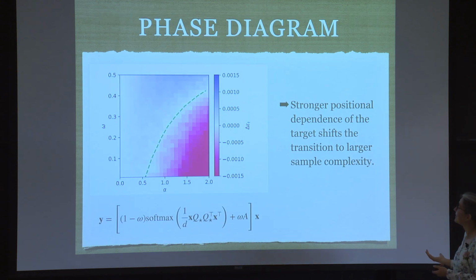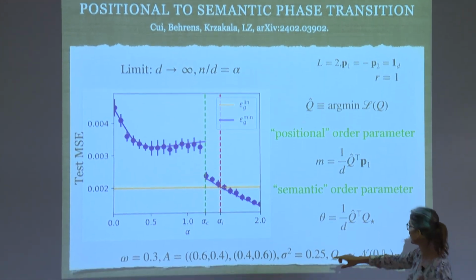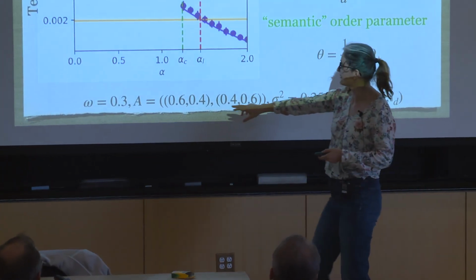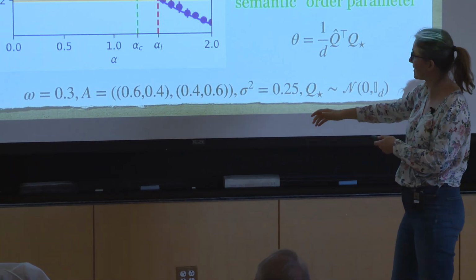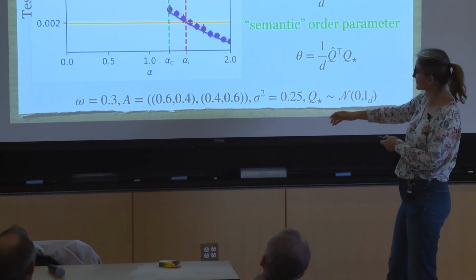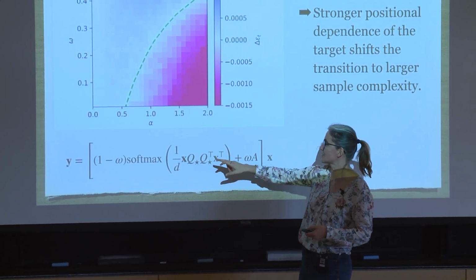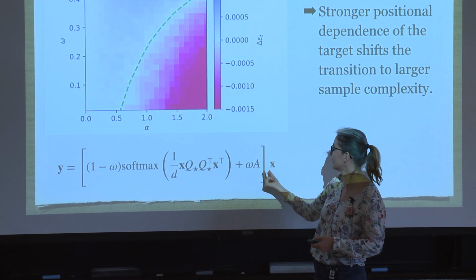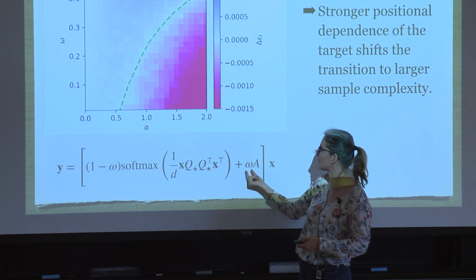So here, this is just a plot for fixed values of this A matrix and omega that pops up, which I didn't say before. I'm reminding you here of the function that I used to generate the labels. It depended on a fixed matrix A and a fixed scalar omega.